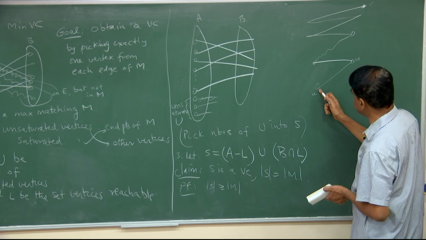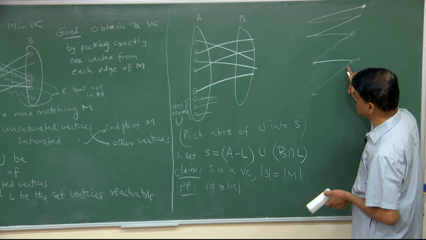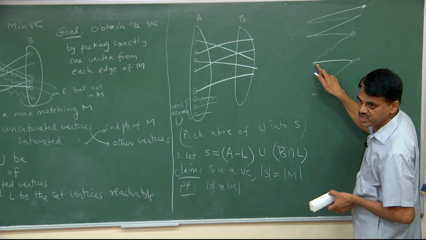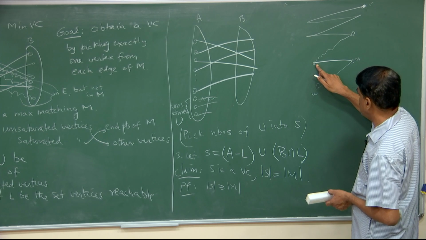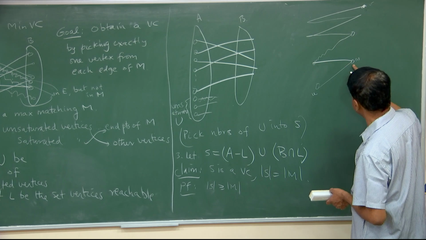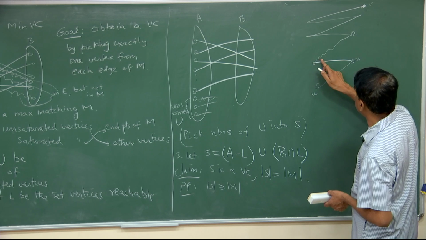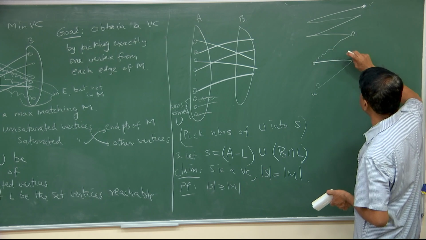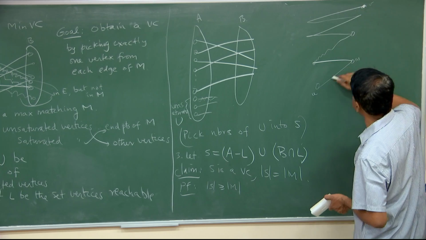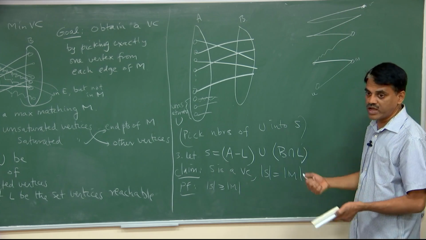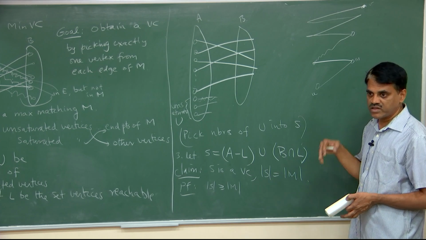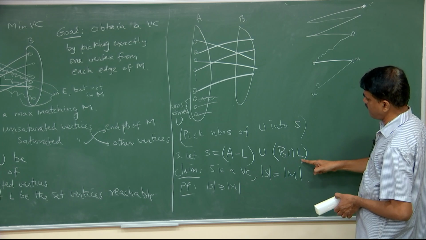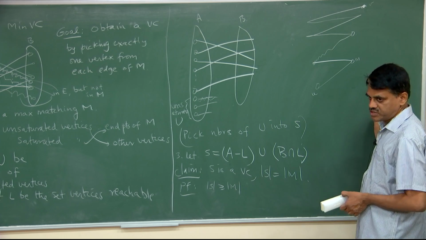Since this is unsaturated, this is a non-matching edge, and I can reach this vertex using a matching edge. I mean, this has to be matching, and then I use a non-matching, and so this is how I reach there. So this is an augmenting path. I can include this into the matching, and do a symmetric difference, and I get an extra matching, contradicting the fact that it's a maximum matching. So anything I pick here is an endpoint of a matching edge.